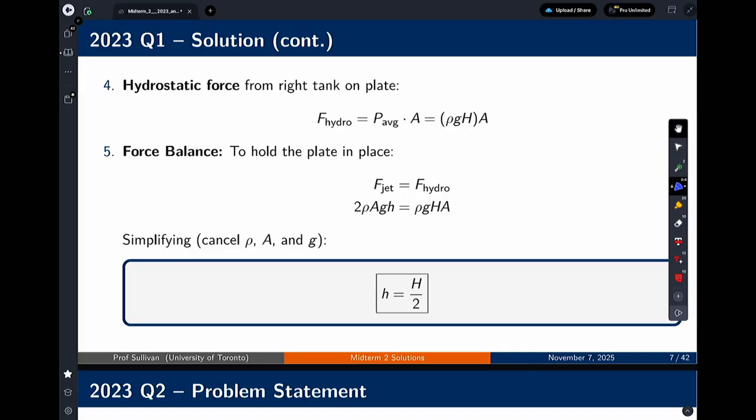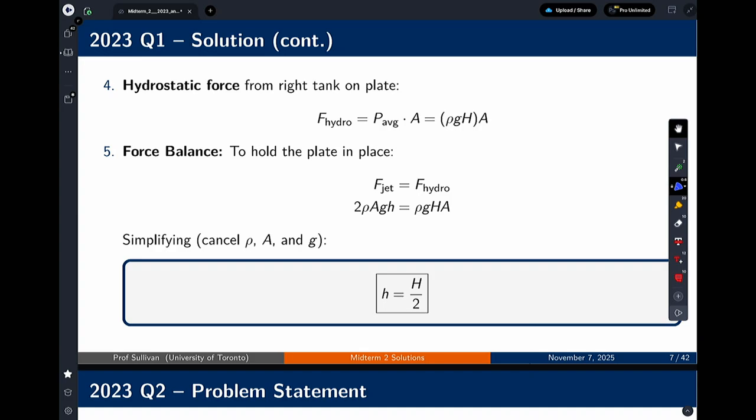And so if you balance the two of them out, you've got rho on both sides, you've got g on both sides, you've got little h, big H, and A's. So the only difference between the two is h equals cap H divided by 2. So the height of this is just going to be half of the height.